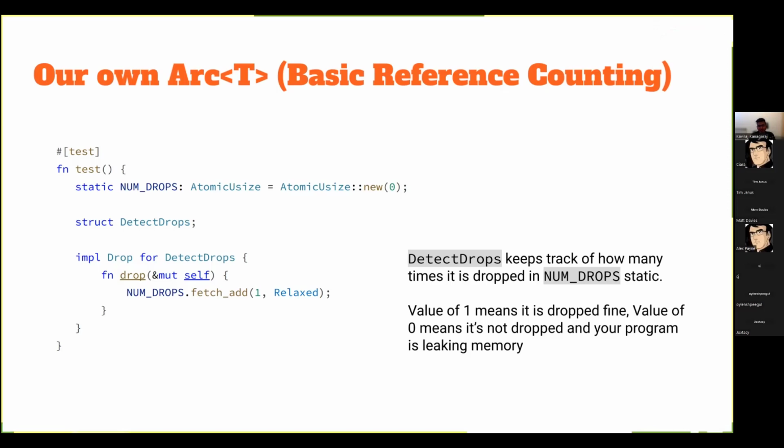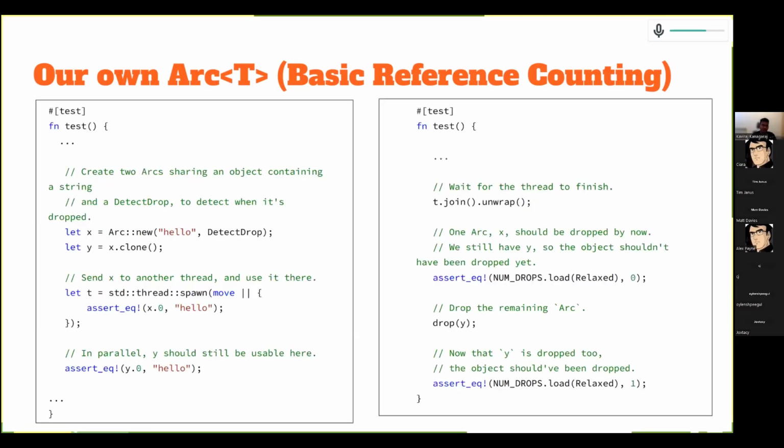By the end of the test, we should have only the value 1 in the number of drops, which means it has dropped properly. And if the value is still 0, it means there is some problem in our Arc implementation, which is not actually dropping the heap-allocated data, meaning a memory leak, right? We don't want that to happen. That's what we're going to test here. So yeah, it's a big test. I couldn't fit it in a single slide.